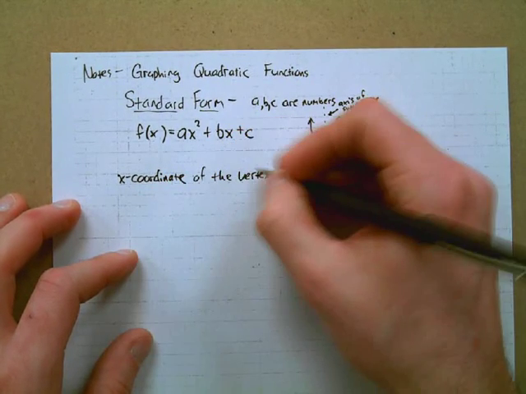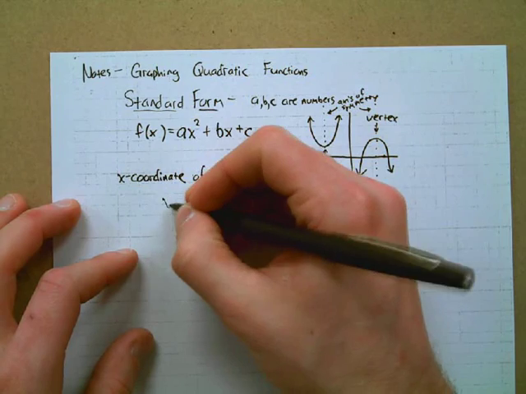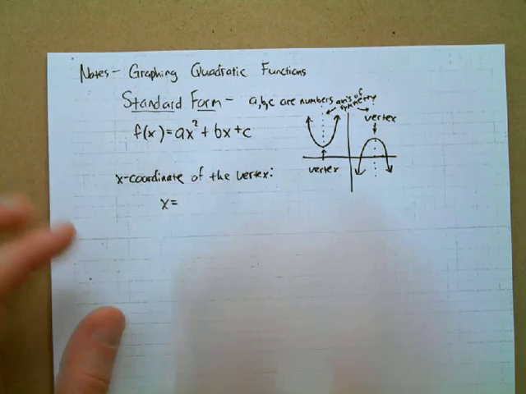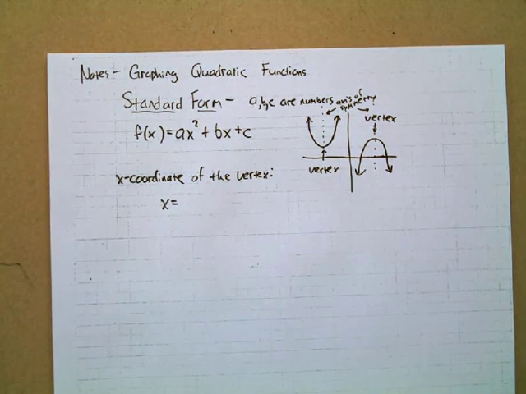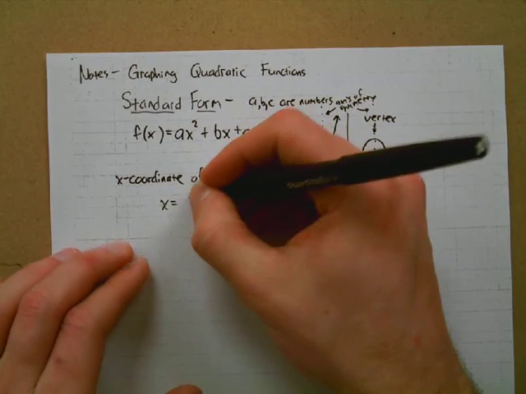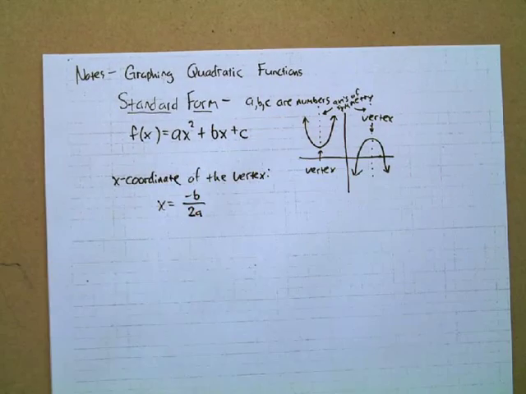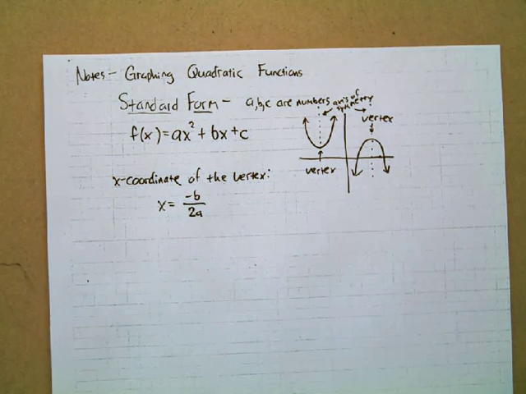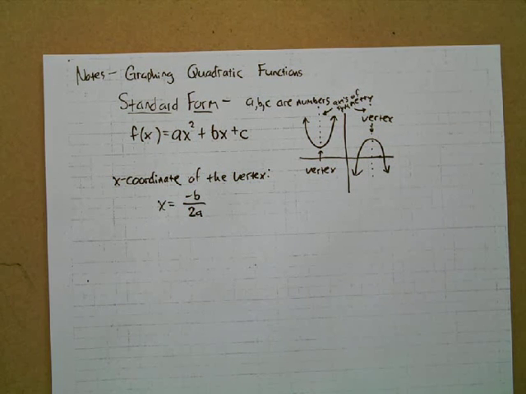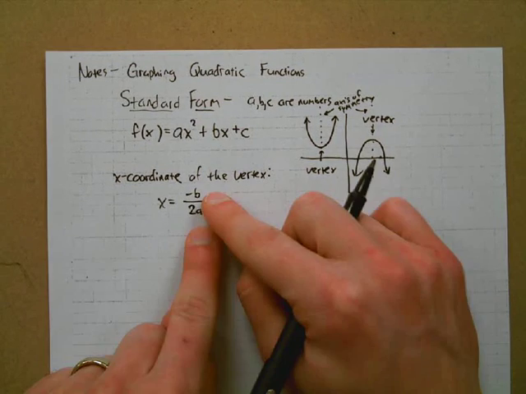X equals, I want to make sure I get this right, pretty sure it's negative b over 2a. Yes, negative b over 2a, where the a and the b come straight from our quadratic function.